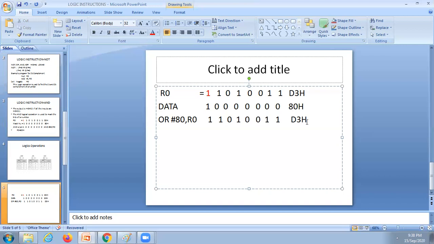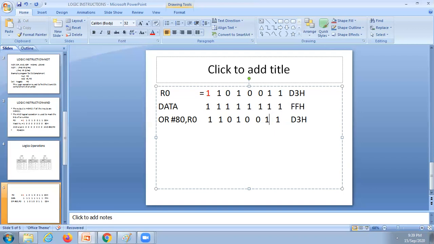Suppose it is FF, for example. This is 1, this is also 1, this is also 1, this is also 1, this is also 1, this is also 1. Now what is the output?